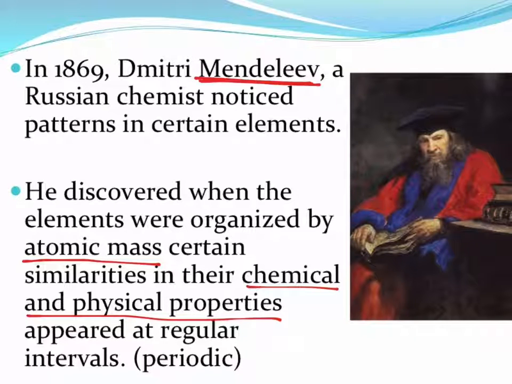And so that's why we say it's periodic. It's a pattern that keeps repeating itself at regular intervals. I think there was like 60-something of them. Okay, any questions on that?